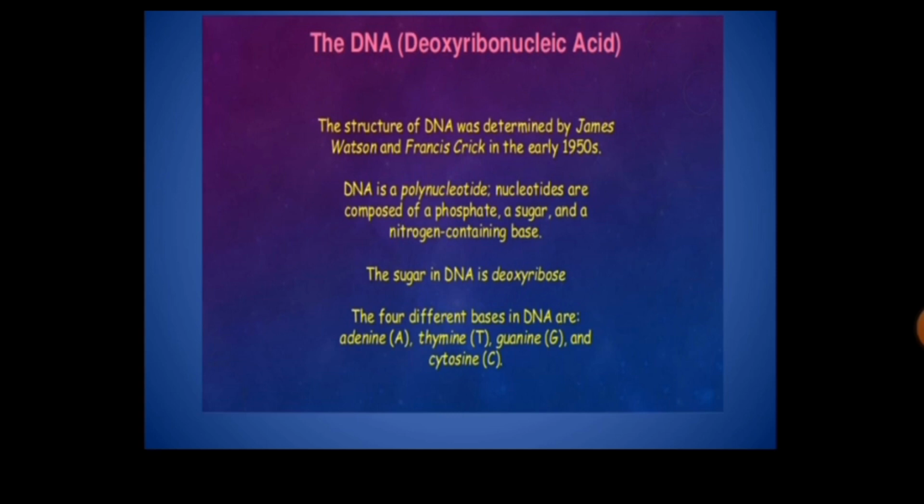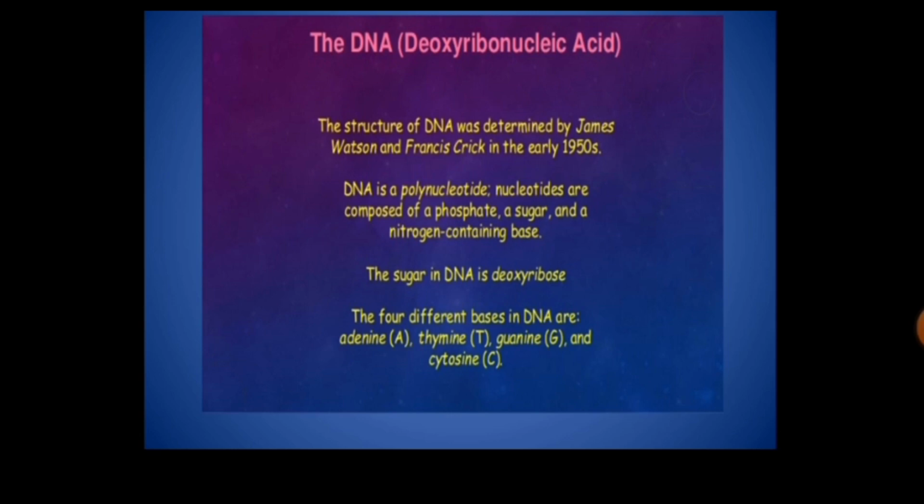You have studied in class 11 the proteins, carbohydrates and lipids. Nucleic acid is a group of biomolecules under which we have two important nucleic acids, DNA and RNA. These nucleic acids play a very important role in the process of inheritance.